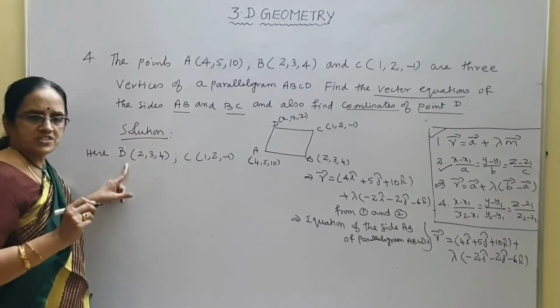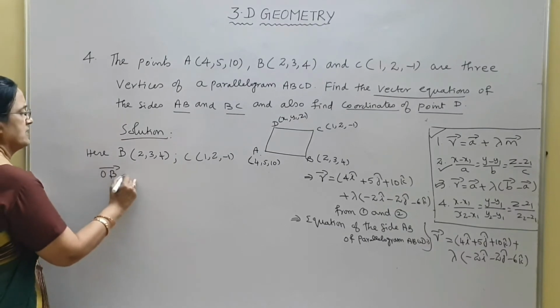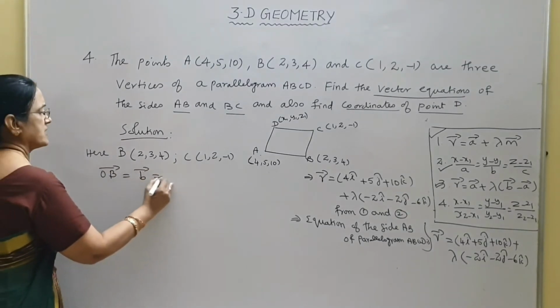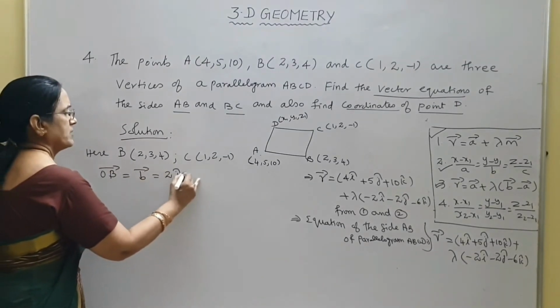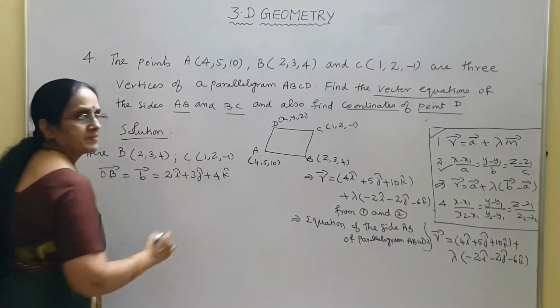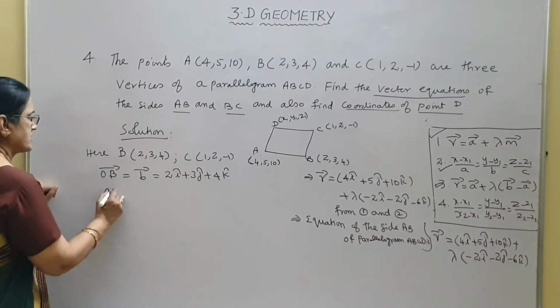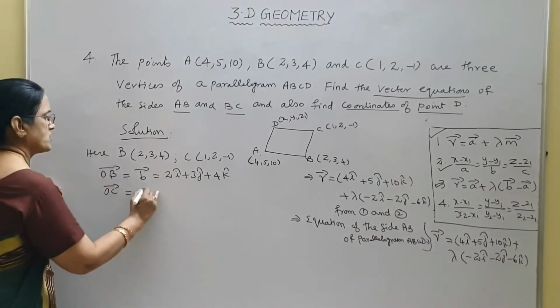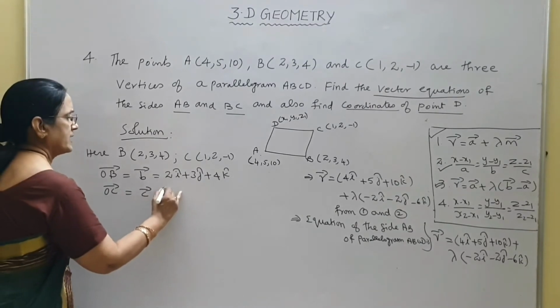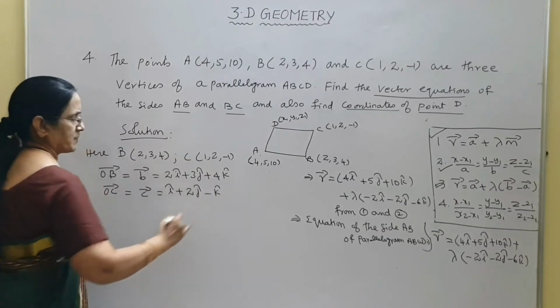Let me write the position vector of the point B as vector OB, which is equal to b vector, which is 2i cap plus 3j cap plus 4k cap. The position vector of the point C is vector OC, which is equal to c vector, which is i cap plus 2j cap minus k cap.